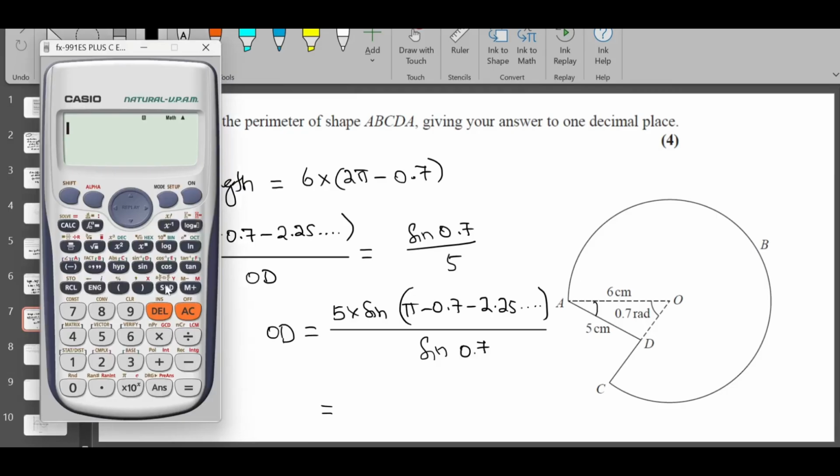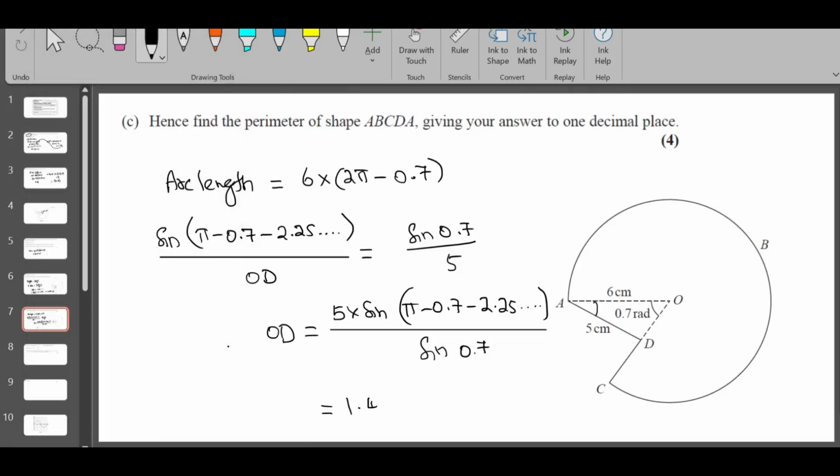So let's find the arc length first. No, maybe we'll do this first. We'll calculate 5 times sine of pi minus 0.7 minus the angle stored as B, divided by sine 0.7. That's 1.417 dot dot dot.